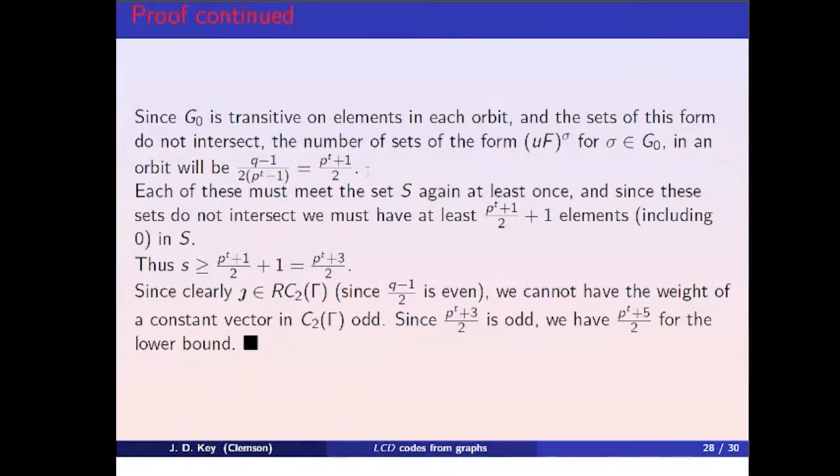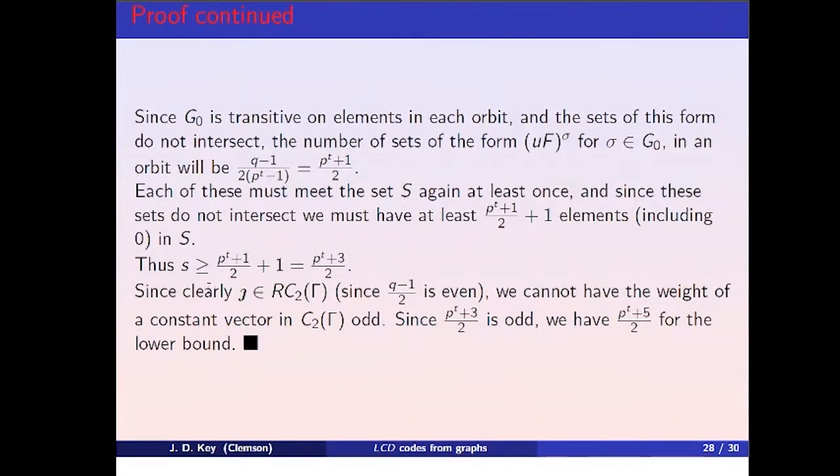These things meet S again at least once, and they don't interact at all. They've got to be different. They don't intersect except at 0. So that means there must be at least that number of elements in the set S. Well, that's okay, but I said something better than that. So you get S is at least 1, that's the 0, plus this.